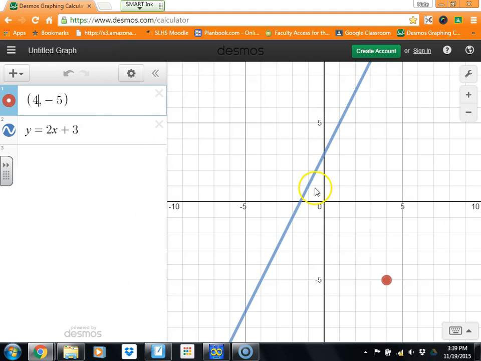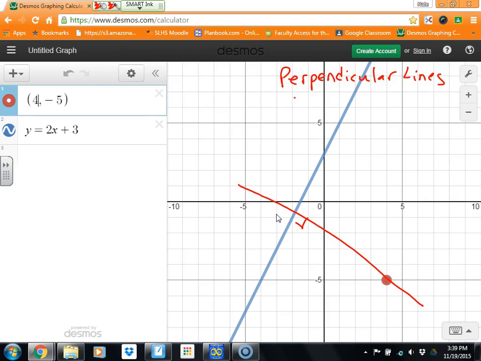All right, so we're going through the point 4, -5, and it's got to be perpendicular to the equation y equals 2x plus 3. So if we sketch what it's going to look like, it should be something like this. And we're going to have perpendicular lines, and the slopes should be opposite reciprocals.